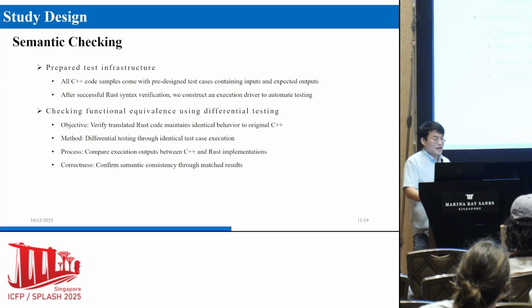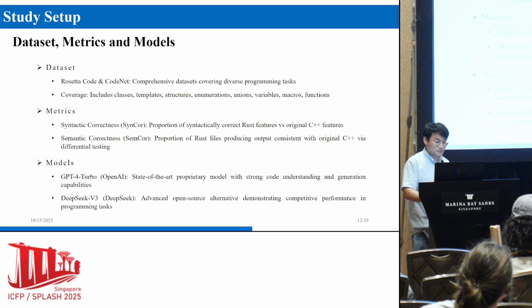As for the semantic checking, we need to load the input and output of the C++ code, and we also build an execution driver for the Rust code and use the same input to compare the output of the C++ and the Rust code.